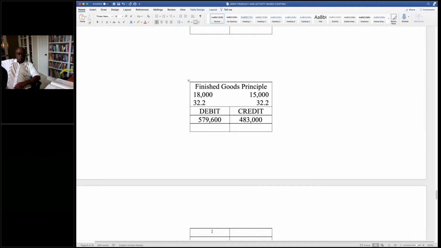What are these subtracted again? No, that's what it is. We just put, wait, let me make sure. Yeah, we just put 483 because it's already there. No, I meant subtracted 579,600 and 483 for when we do the statement.